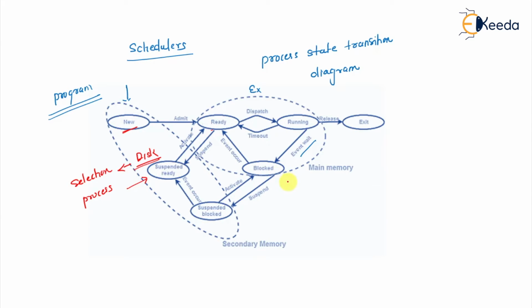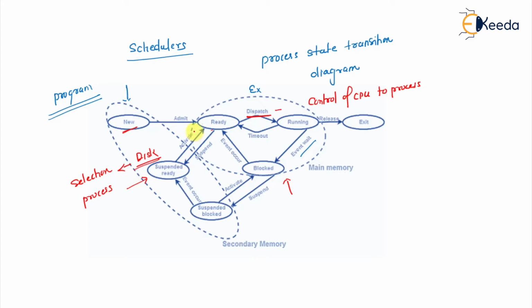A lot of processes can be there, waiting here, and then when they go to the ready state, something has to give them control of the CPU. That is the dispatch unit, which gives the control. A program must be there that gives the control of the CPU to a process.